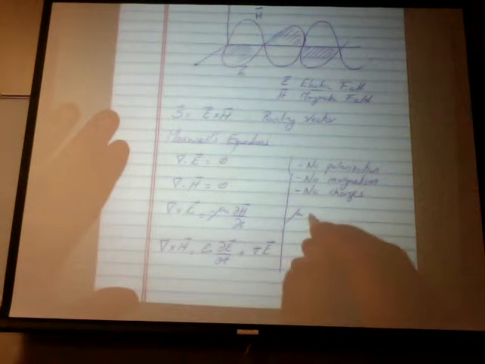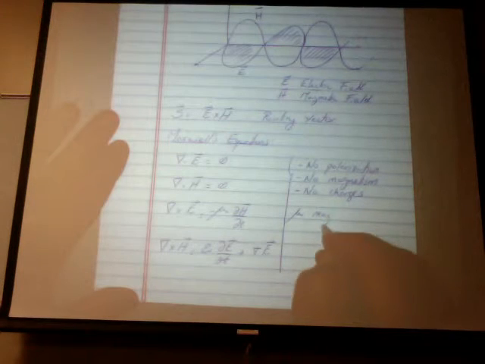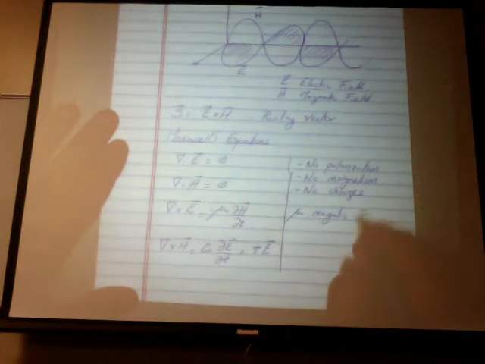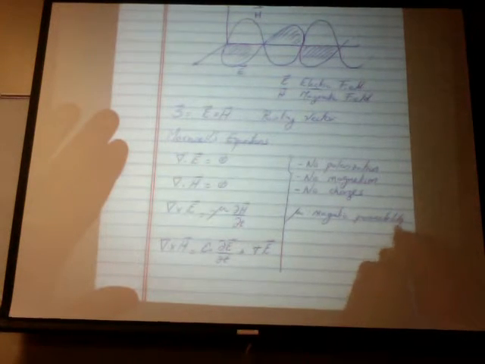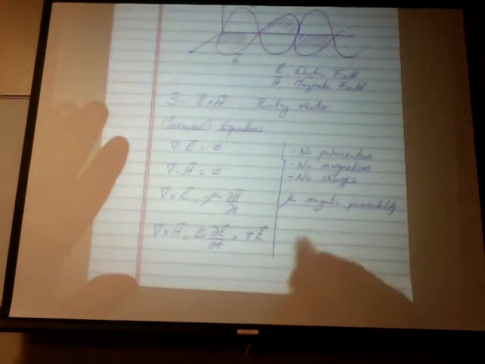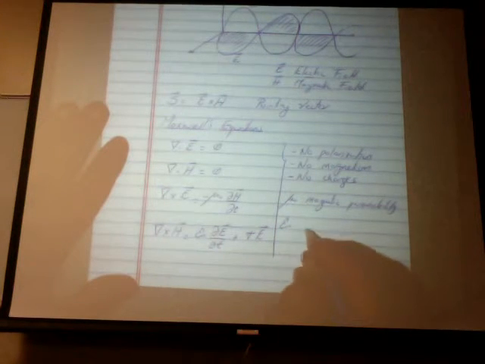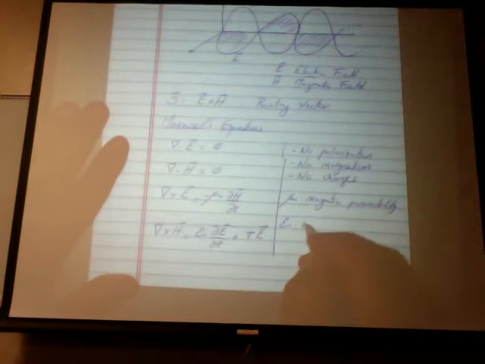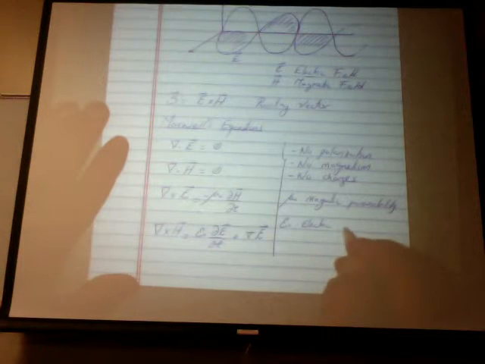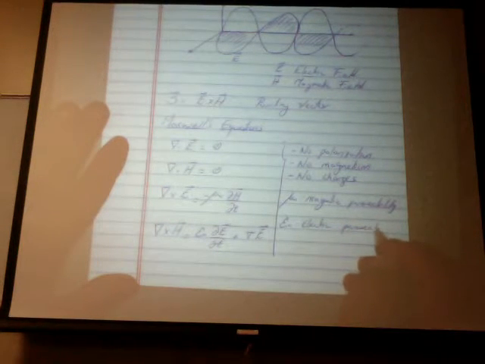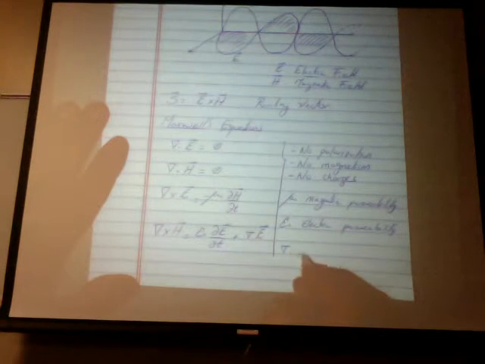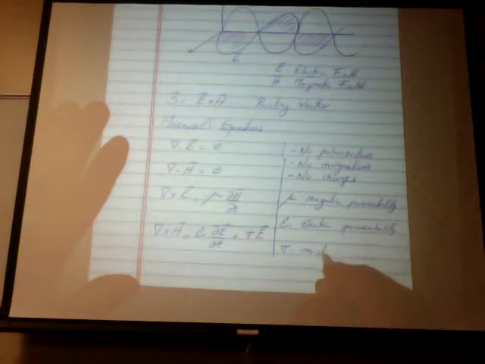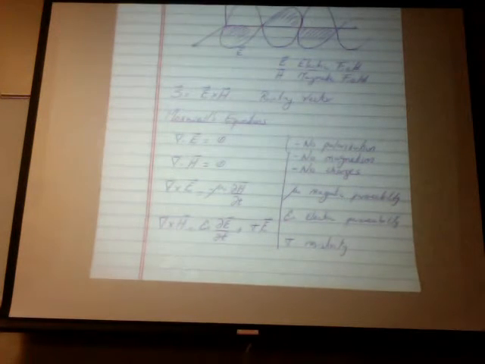Mu 0 being the magnetic permeability, epsilon 0 is the electric permittivity, and sigma is the conductivity of the medium.